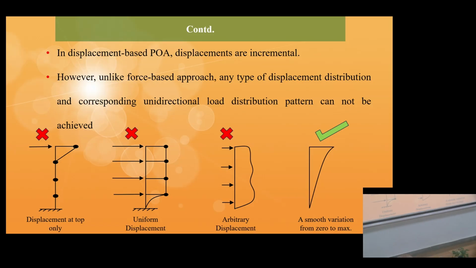Clear? So a smooth variation from 0 to max is possible if it is unidirectional, and the moment this displacement is given to me, I can calculate the force. That force will be K multiplied by D. Force, okay?